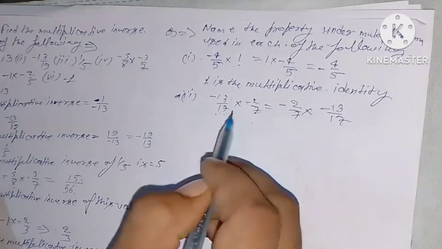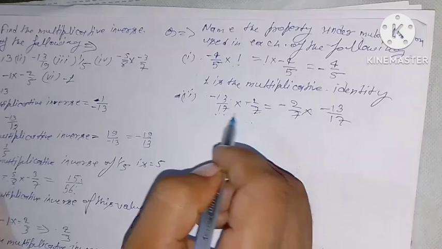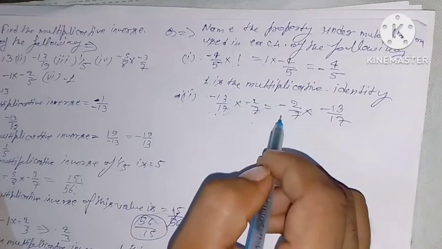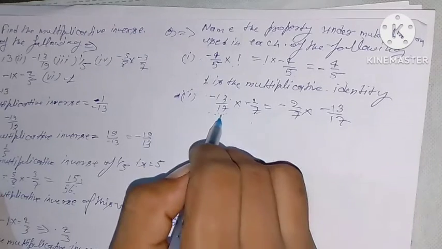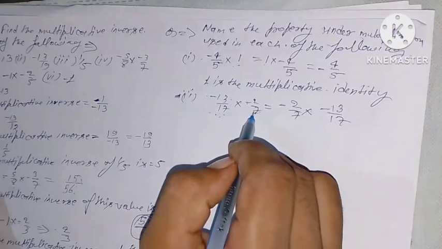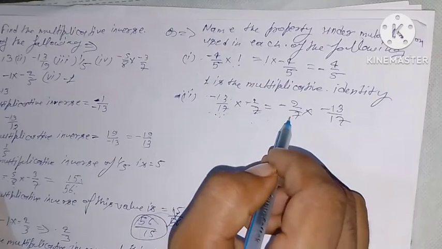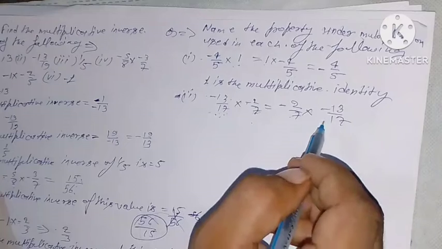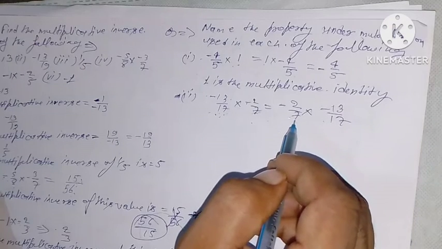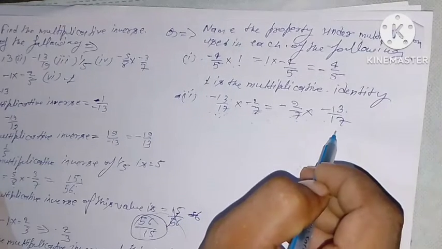Minus 2 upon 7 goes in front of minus 13 upon 17, shifted to the left side of this value, so the value minus 2 upon 7 multiply minus 13 upon 17 is the same.